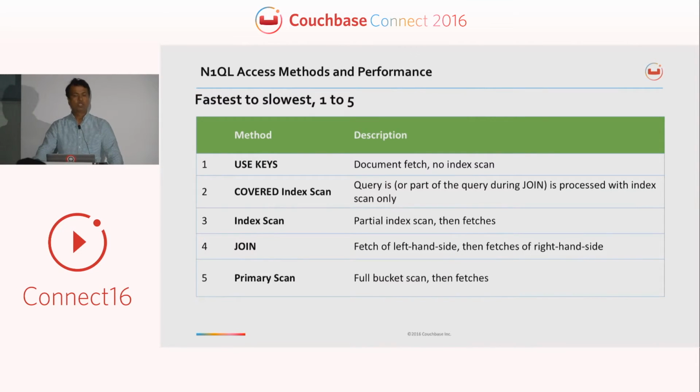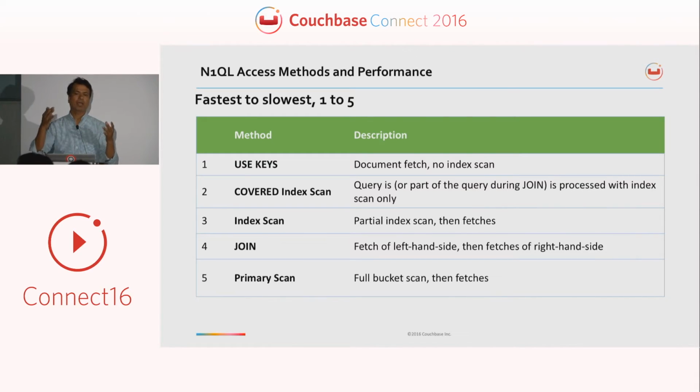Okay. So in terms of actual access methods for each of the Couchbase documents, the USE KEYS modifier to the key space means you already know which documents you need to get to. If you use the key value API and you know the document key, you can fetch the document.